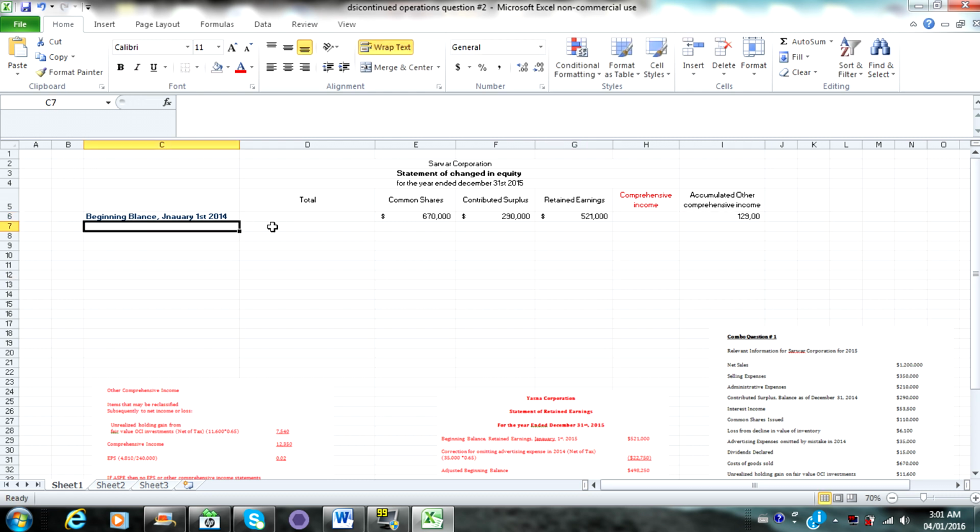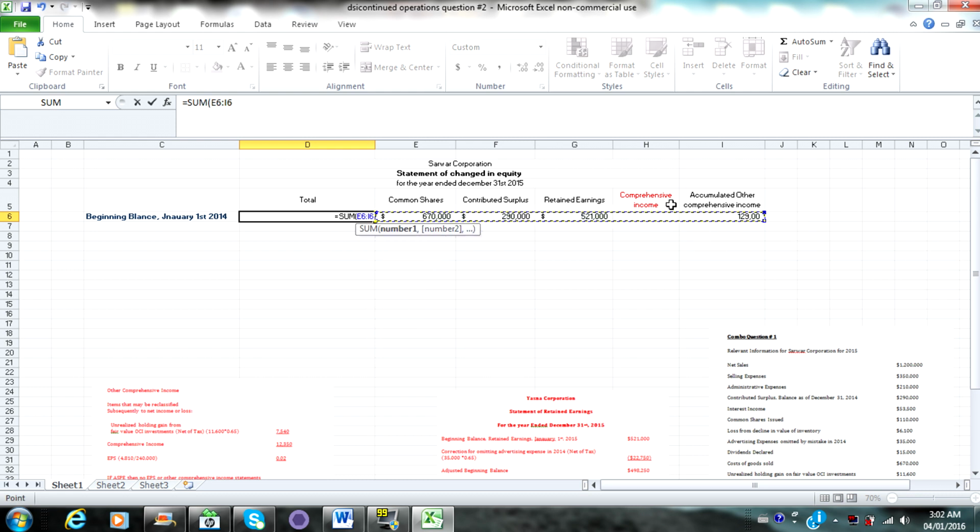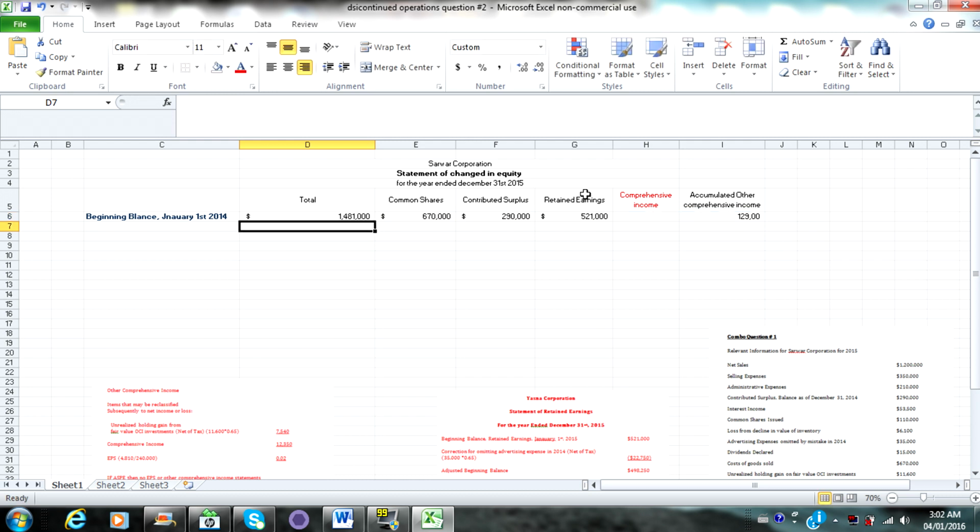And now the next step is to do our total column as we go. This is just going to equal the sum of all of these columns there. We always have a total column going as we go. So the next step, after listing our beginning balance, is to list any adjustments to these beginning balances.